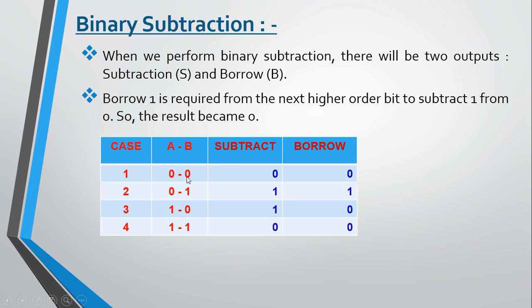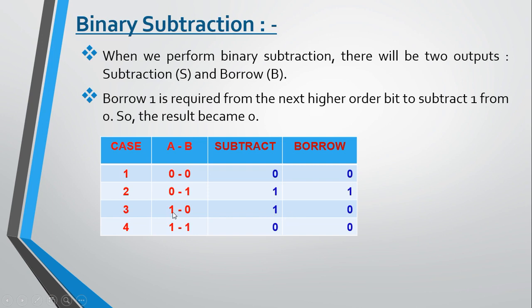So 0 minus 0 will return subtraction and borrow value as 0. 0 minus 1, that means 1 is a bigger value than 0, so you are not able to subtract that value, right? In such a case it will return subtraction as 1 and borrow as 1. When you perform 1 minus 0, naturally any number from which you subtract 0 will return the value itself.